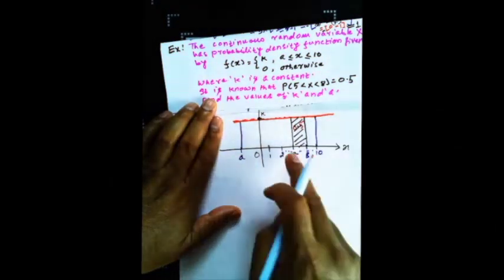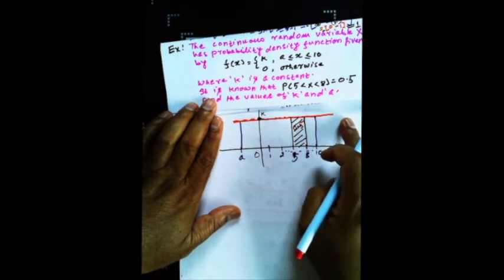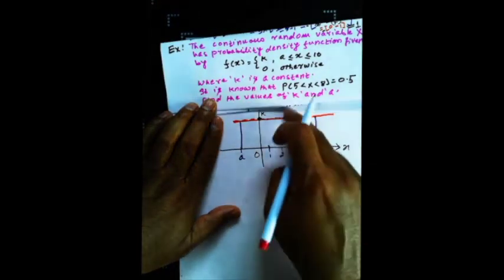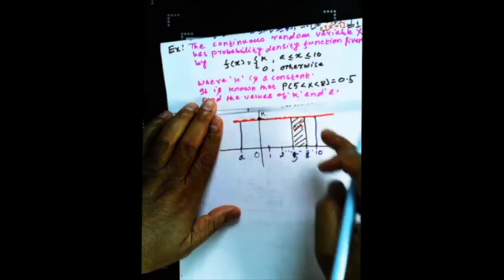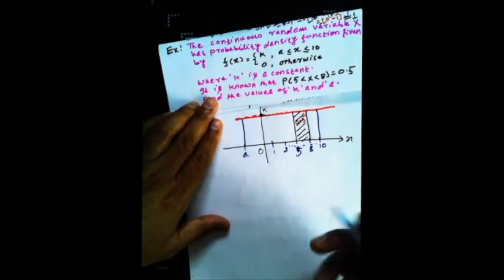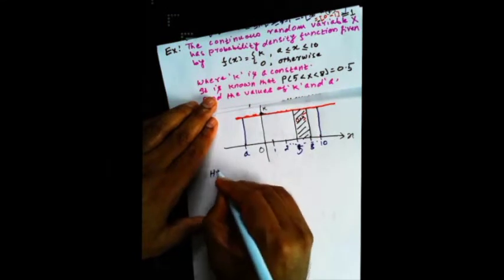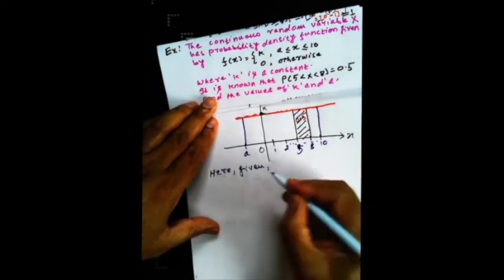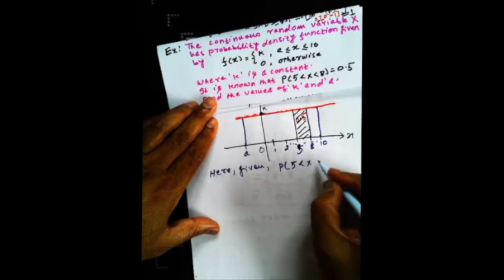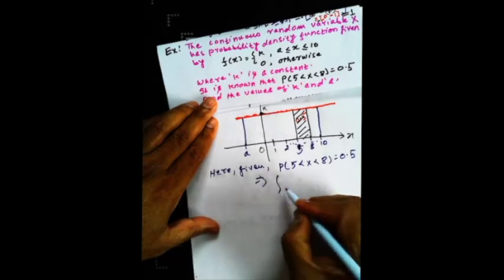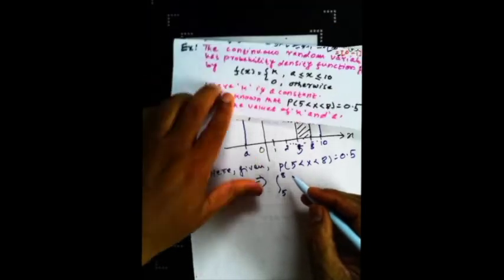Between 5 and 8 the area is given as 0.5, that is 50%. If it is a continuous function, how do you find this area? You have to integrate the given function for x between 5 and 8. Here it is given that P(5 less than x less than 8) equals 0.5, so you integrate the given function from 5 to 8, where f(x) is k, dx, and it equals 0.5.